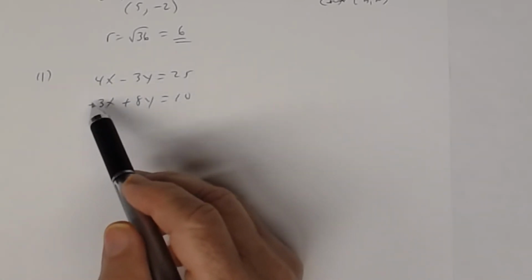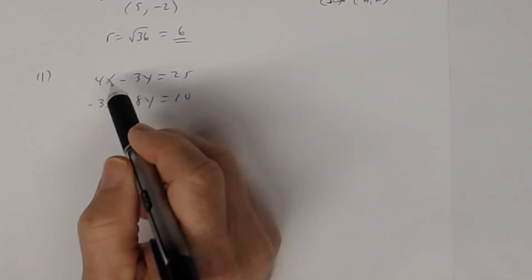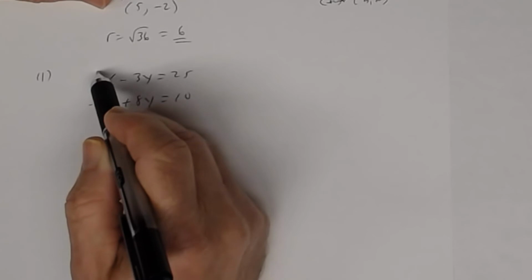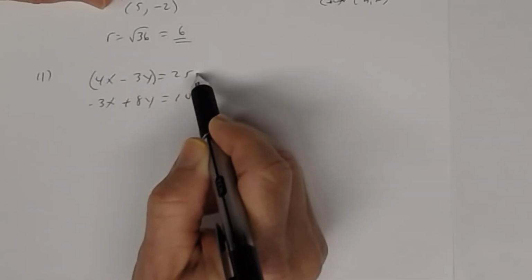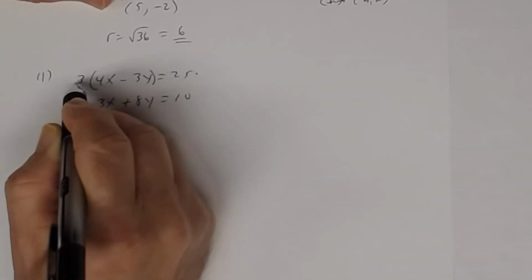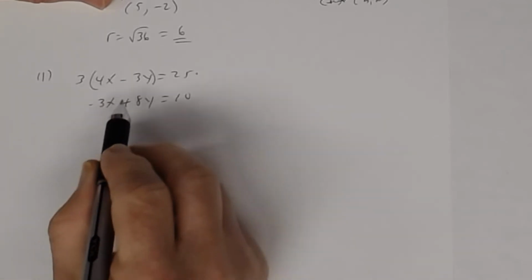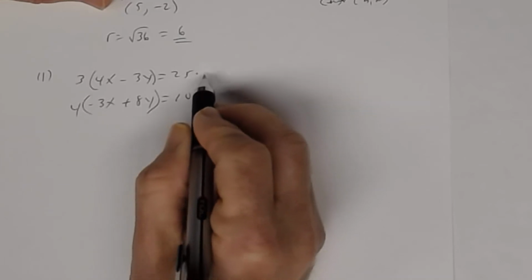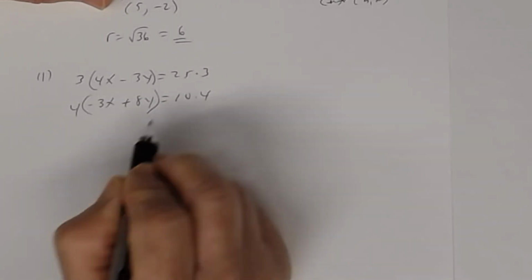So 4 goes into 12, −3 goes into 12. So what I'm going to do to get this to be 12 and this to be −12 is multiply both sides of the first equation by 3, because 3 times 4x is 12x, and the second equation by 4, both sides. What you do to the left, you do to the right.